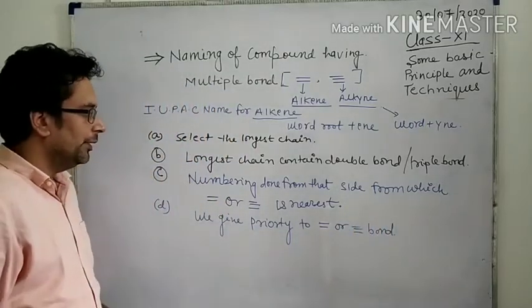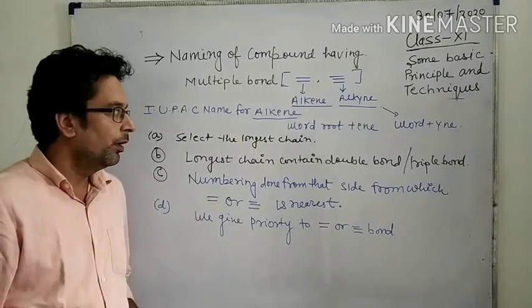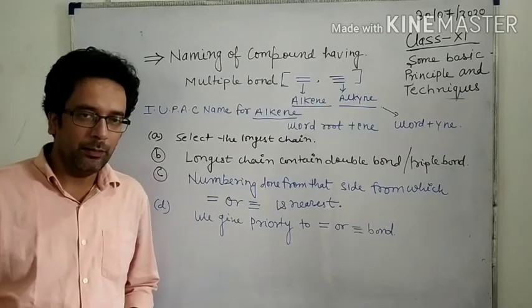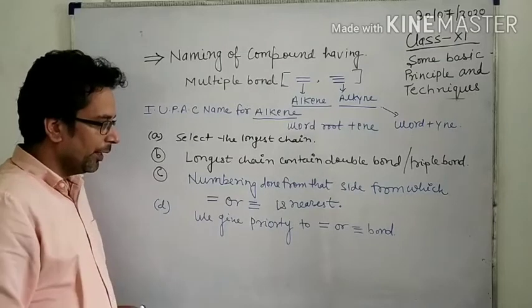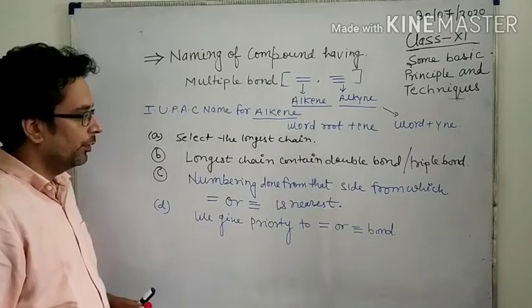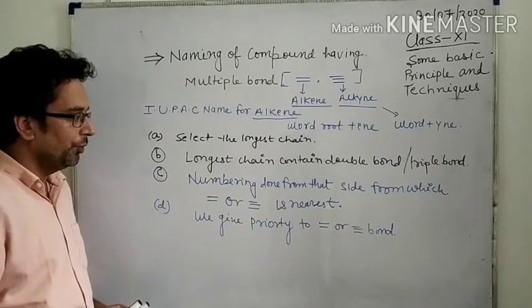So these are the points related to naming of compounds having multiple bonds. Next we are going to discuss examples. So take a screenshot of this and note it down in your copy.